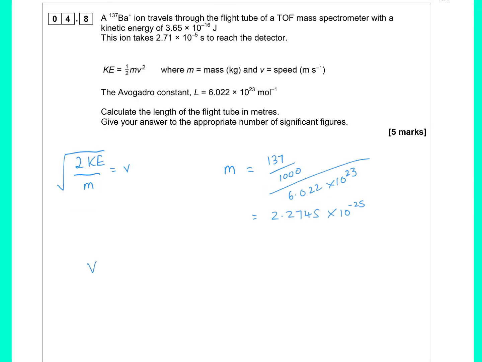Okay, so then if we plug the numbers in to get the velocity, we've got 2 lots of KE. KE was 3.65 times 10 to the minus 16. So 2 lots of that, divided by our value of m that we've worked out, so 2.2745 times 10 to the minus 25.